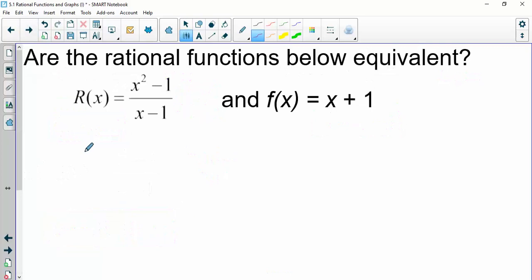So here is a question for us. Are these equivalent? I mean, first of all, they don't look the same. Why would I even be suggesting that they could be equivalent? Okay. If you were looking at this one, what do you know about x squared minus 1?